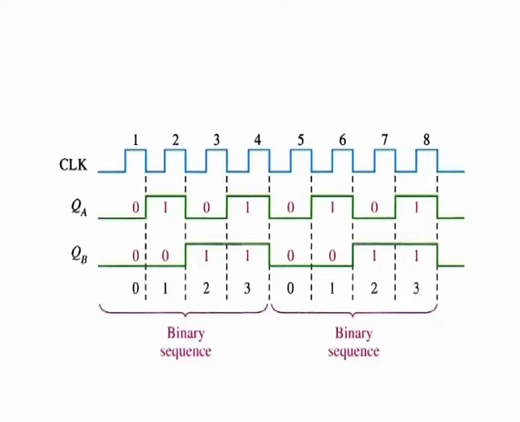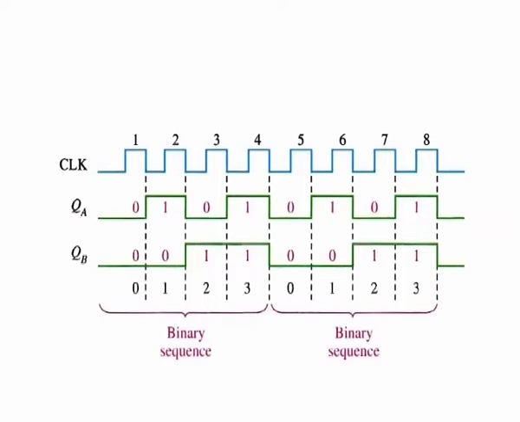Observe the sequence of QA and QB prior to clock pulse 1. QA is equal to 0 and QB is equal to 0. After clock pulse 1, QA is equal to 1 and QB is equal to 0. After clock pulse 2, QA is equal to 0 and QB is equal to 1. And after clock pulse 3, QA is equal to 1 and QB is equal to 1 as well.